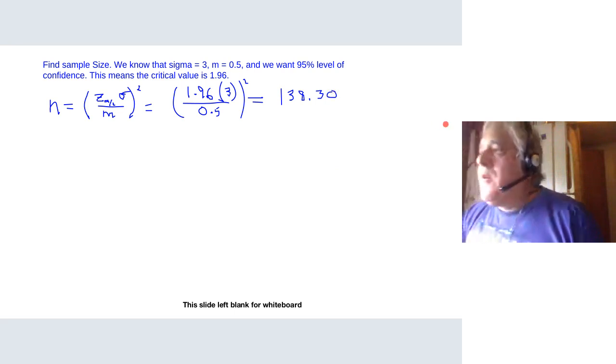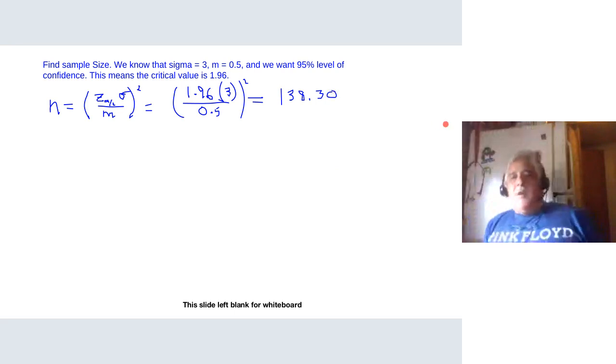Now, this is why it's important to understand the difference between discrete and continuous. If we're sampling mice, or sampling people, it does us no good to deal in partial values, because there's no such thing as 0.3 of a mouse, just like there's no such thing as 0.3 of a human being.